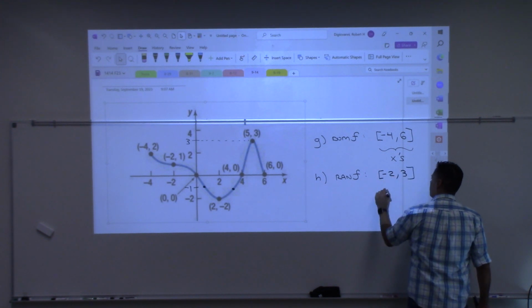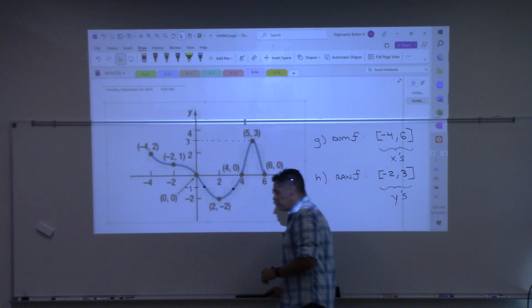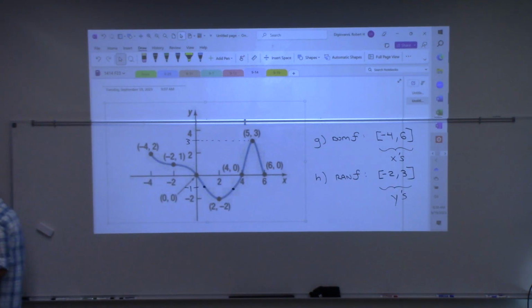And just remember, these are y's. Your range is always y values. Your domain is always x. What happens when a point is not inclusive? Yeah, we'll look at those. Okay. Is that all right?